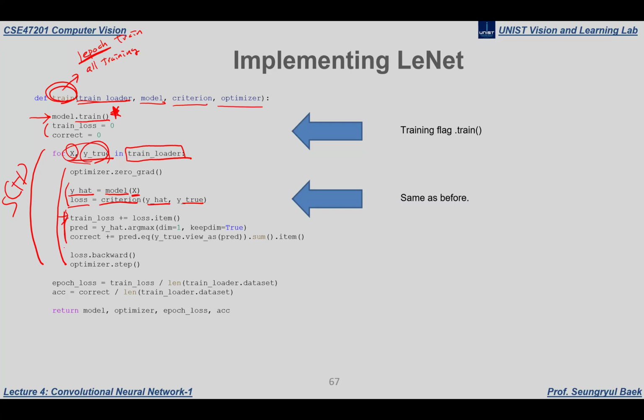And anyways, this is mostly for the visualization purpose. The important thing is here: after calculating your loss, you will call loss backward to calculate dL/dθ, and will optimize the parameters by calling optimizer dot step. Okay.